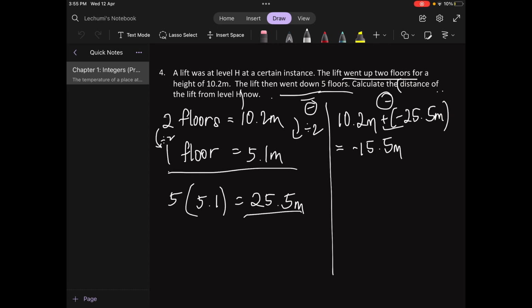Negative, positive, no signs. It just has to be the value itself. So the answer essentially would be 15.5 meters. That's all. You have to take care of these little nuances that come here and there that determine what the answer to the question is.